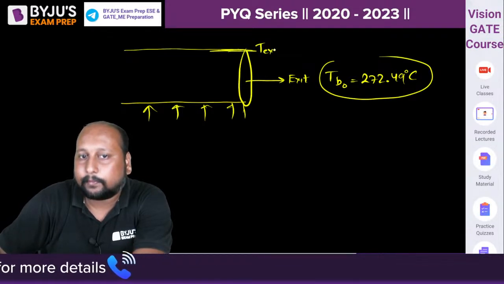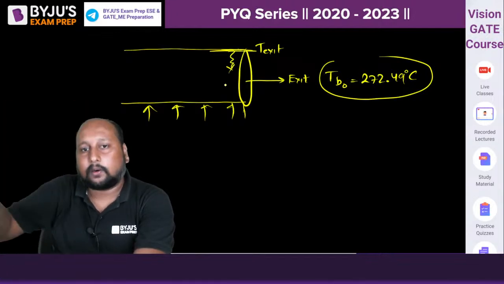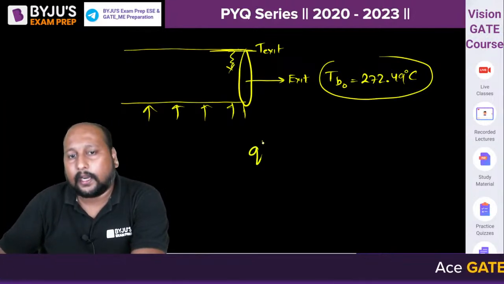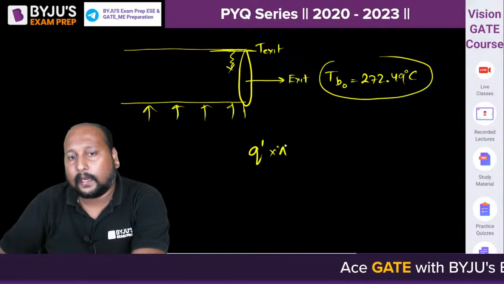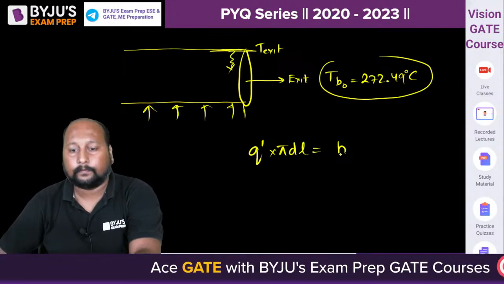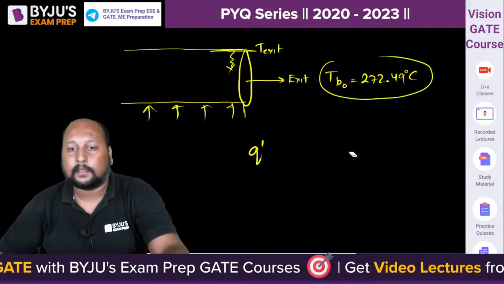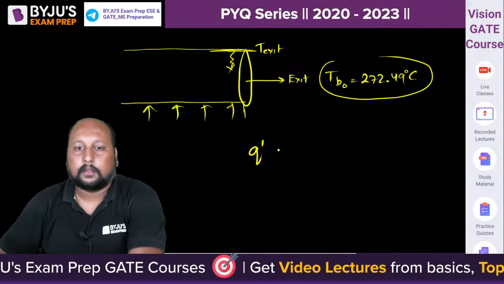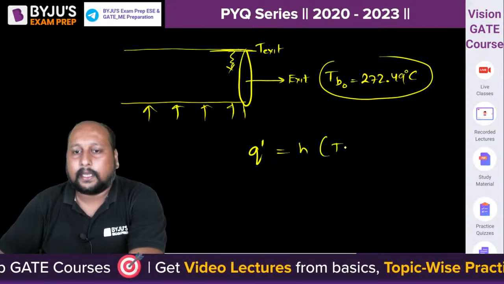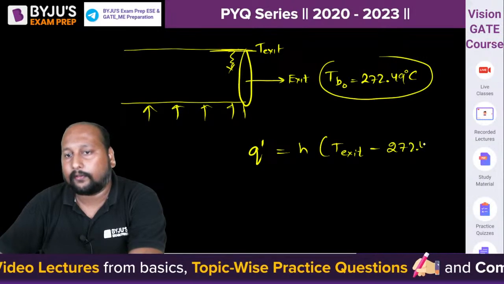This is the exit temperature, and due to this we will have convection heat transfer from the surface to the fluid. So heat flux is equal to h into (T exit minus 272.49).